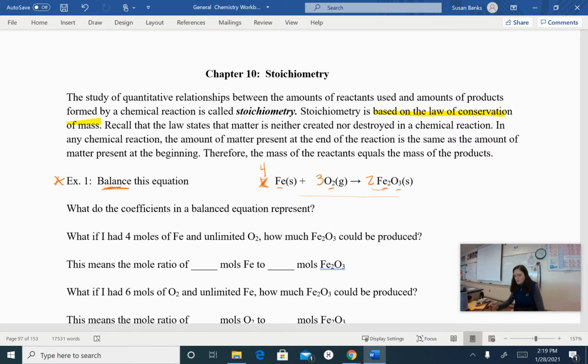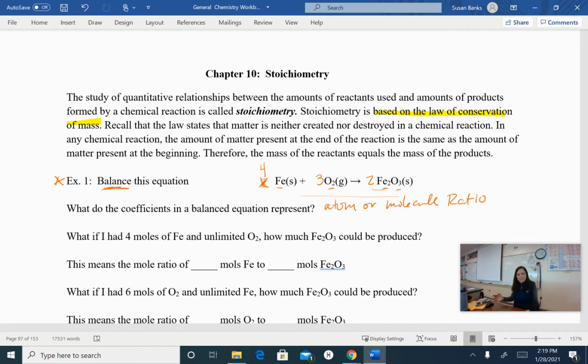Those coefficients represent an atom or a molecule ratio. So for example, every 4 atoms of iron that I start with, if I have all the oxygen in the world, I will end up with 2 molecules of iron 3 oxide. Or for every 3 molecules of oxygen that I start with, if I have all the iron in the world, I'll end up with 2 molecules of iron 3 oxide.